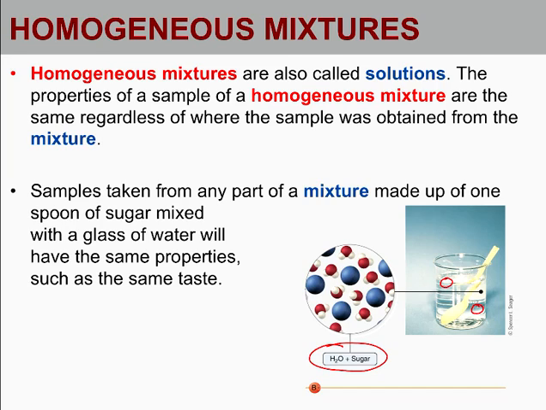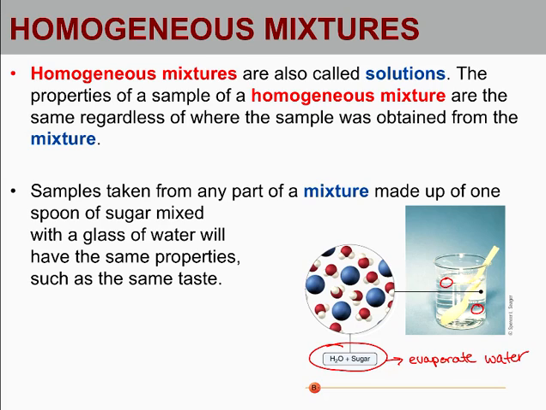Now, in homogeneous mixtures, it's sometimes hard to tell that you have a mixture. If we look at this beaker of liquid, it's hard to tell there's even sugar in there. We would probably have to do some experiments to determine that it is a mixture. So maybe we would need to evaporate or boil off the water.